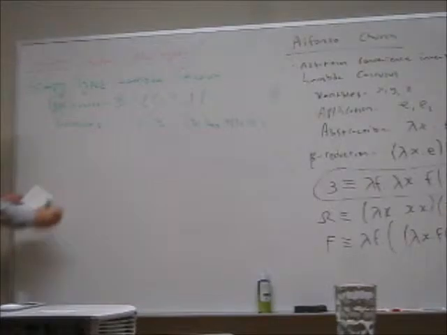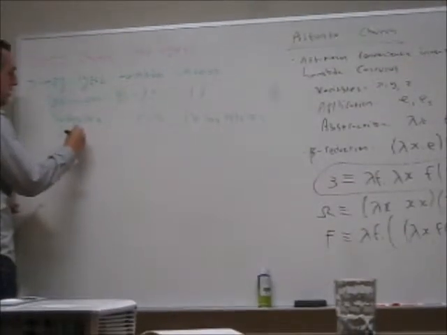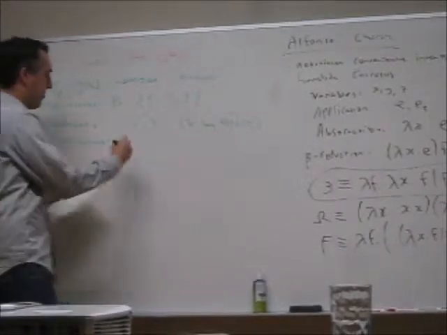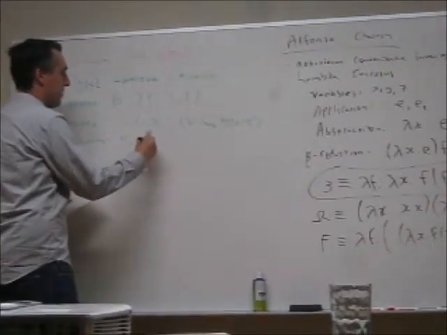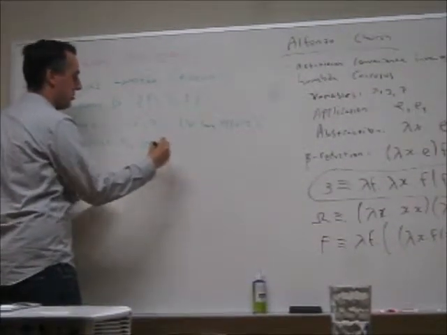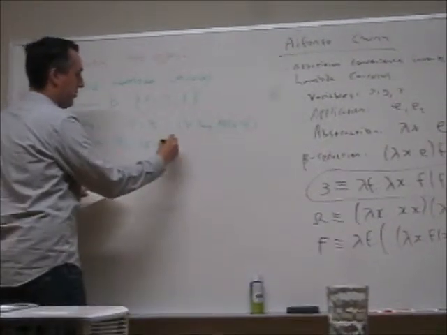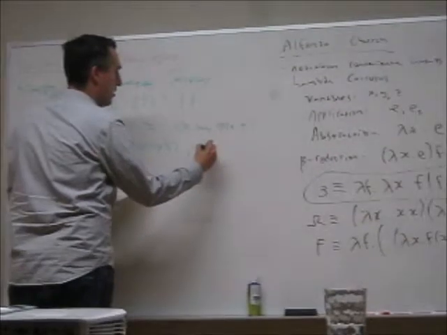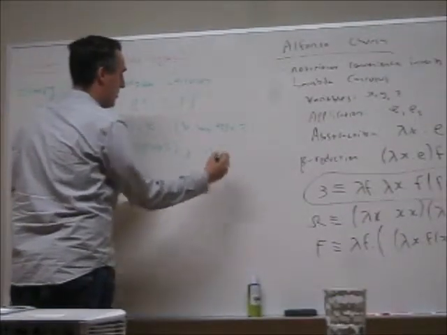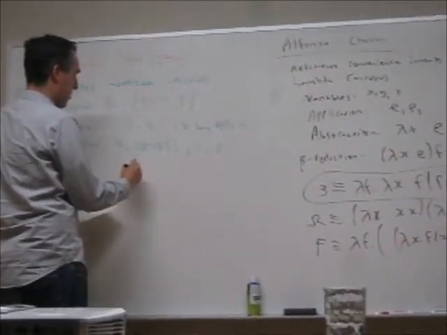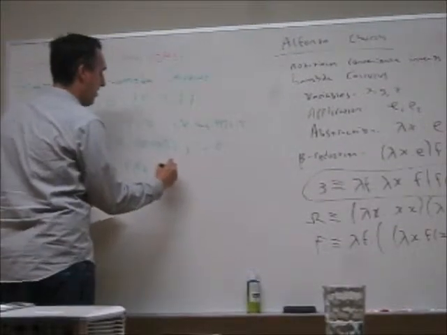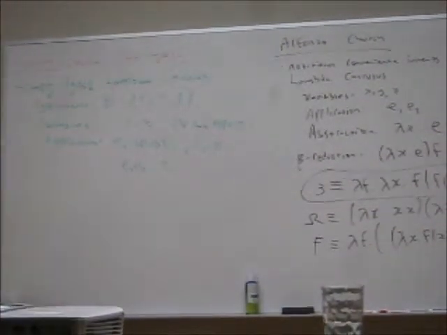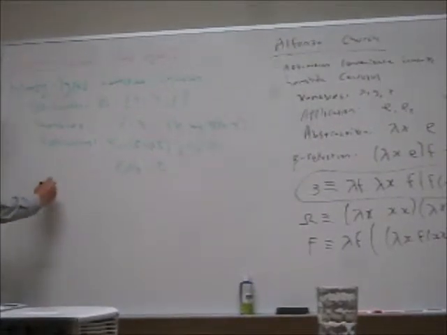You have applications. If you have an e1 of type sigma to tau, and you have an e2 of type sigma, then you have e1 e2 of type tau. And you have similarly abstractions.